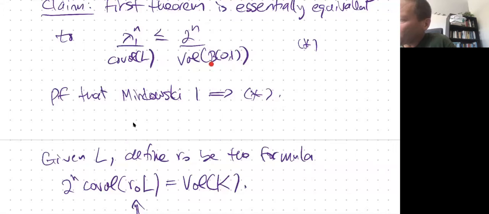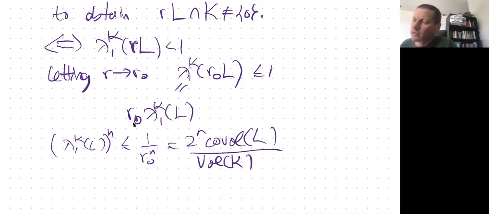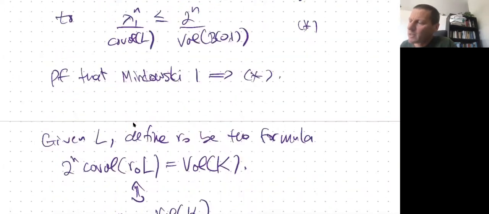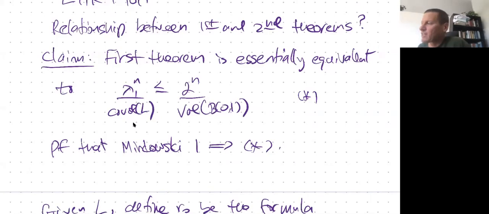If we use K as the norm ball, then K is just the norm ball, and this inequality is exactly the same as this inequality. And you can also reverse the implication, and you see that the converse is also true. So Minkowski's first theorem is weaker than Minkowski's second theorem, but of course the advantage is that it's much easier to prove.